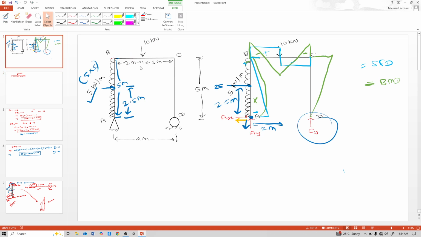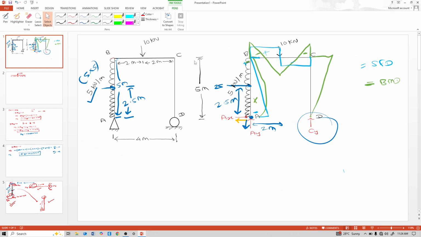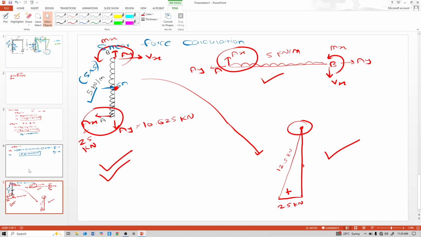So see this point here, shear is 0. So here at point B also, this is vertical, shear is 0. Let's see it. Vx is 0.